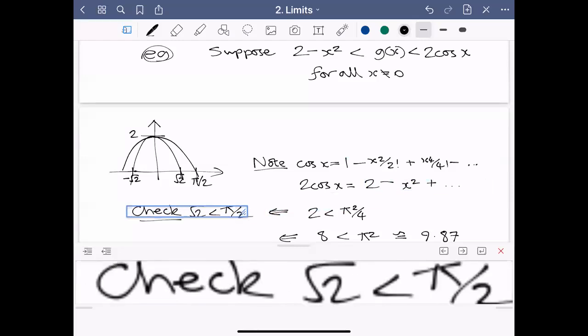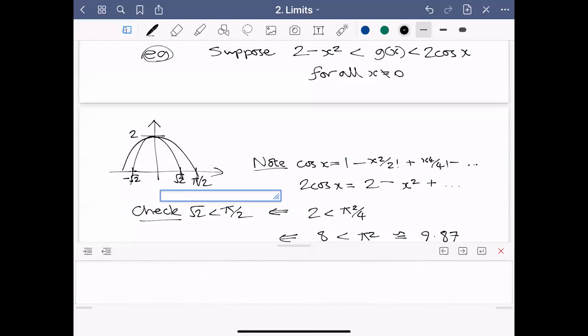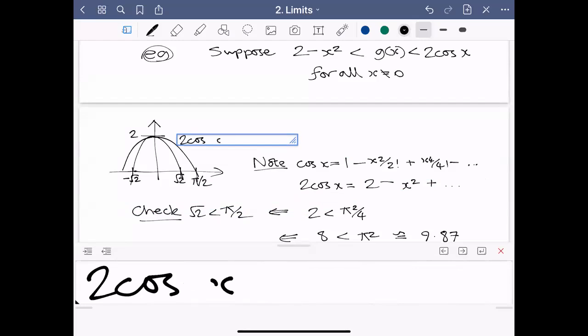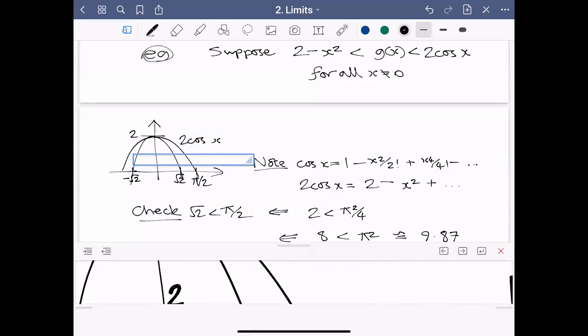So you might expect, indeed, the graph of 2 cos x here to be over the graph of 2 minus x squared.